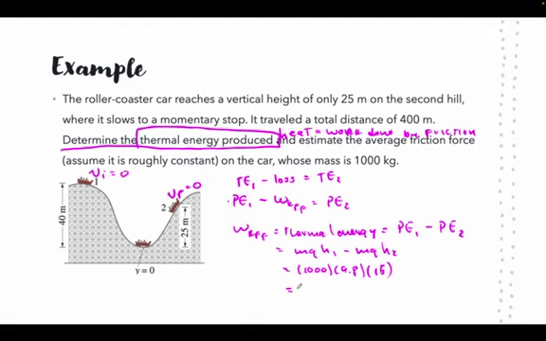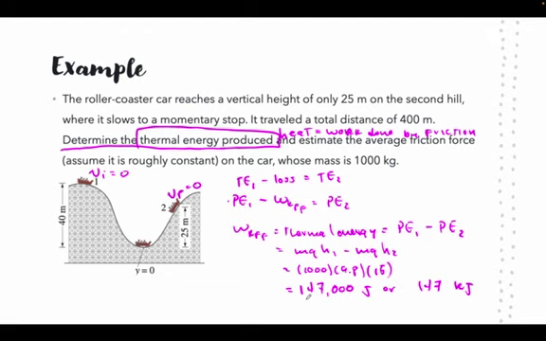So the work done by friction is going to be equal to 147,000 joules, or 147 kilojoules. All right, so this is the thermal energy or the work done by friction.